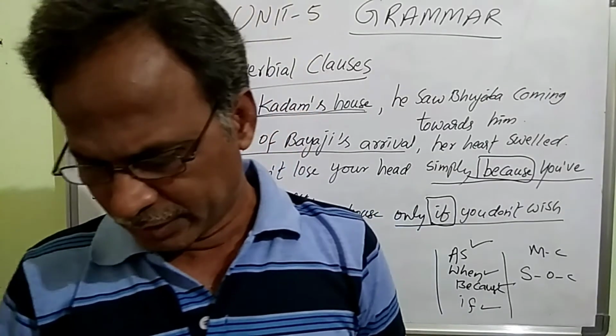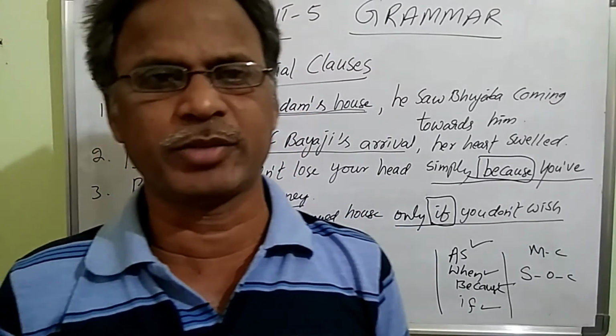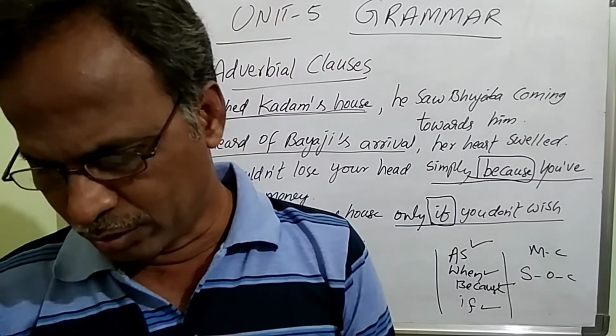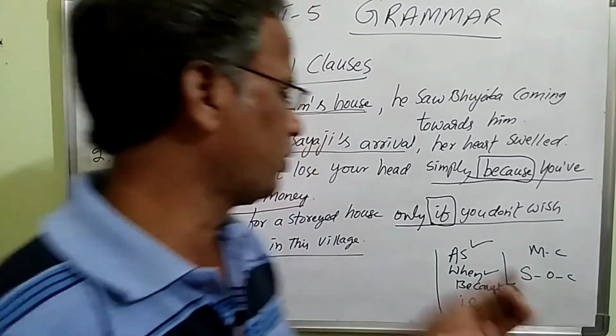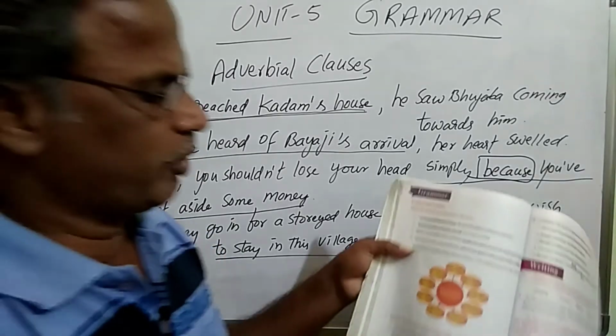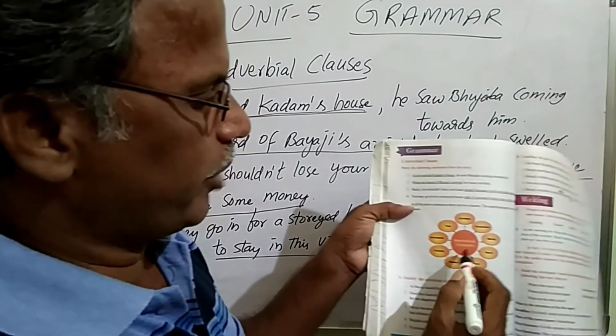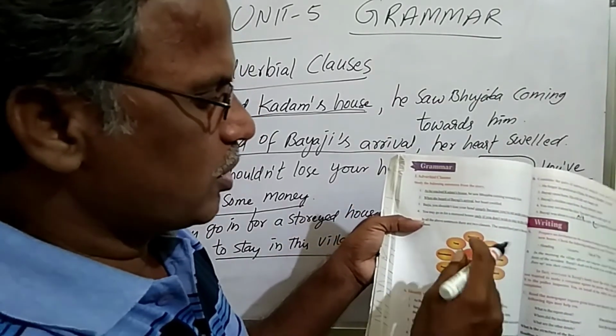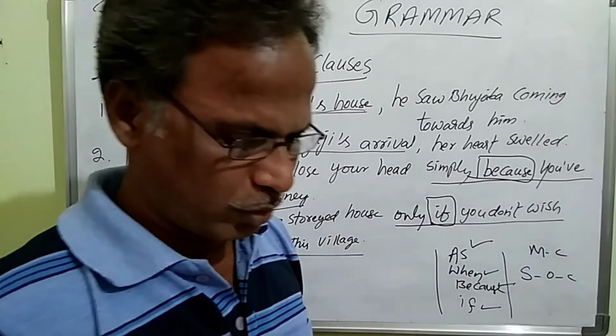Do you understand? So these adverbial clauses, you see in your textbook, children. Some circle is given to you, and around it some points are given. I am going to read them.